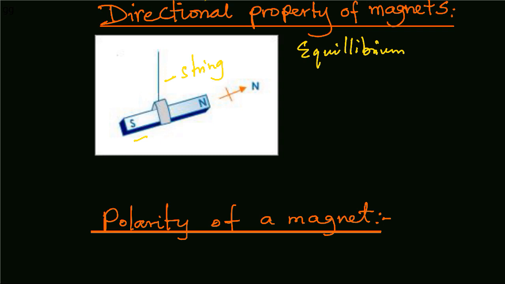The thread or the string should be tied in such a way that it is perpendicular to the magnetic axis. Magnetic axis is an imaginary line through the poles of a magnet.